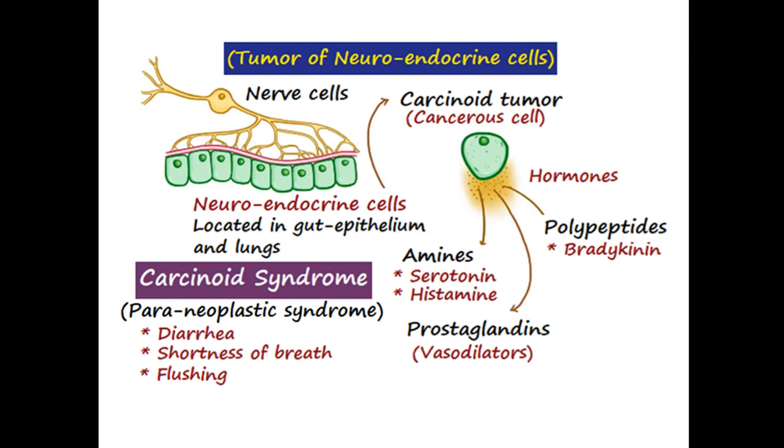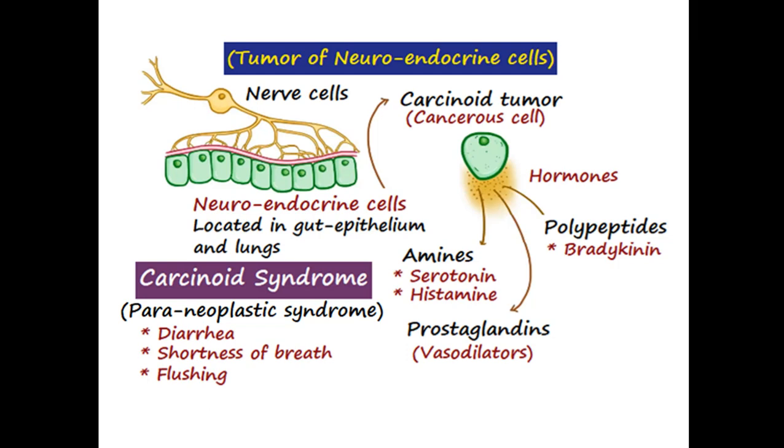So whatsoever, once the cells become mutated, and if the mutated cells start proliferation, it will form a large number of cancerous cells that will give rise to the formation of a tumor, and in this case we have the carcinoid tumor of the neuroendocrine cells.